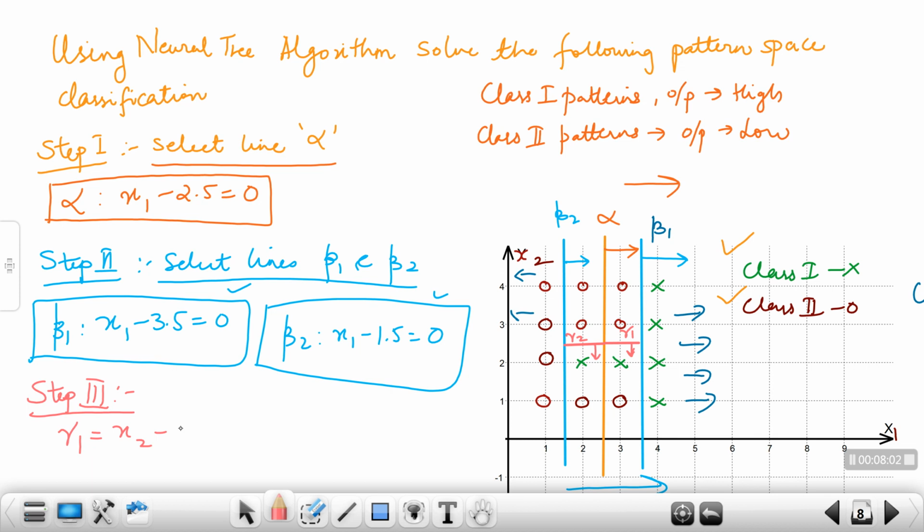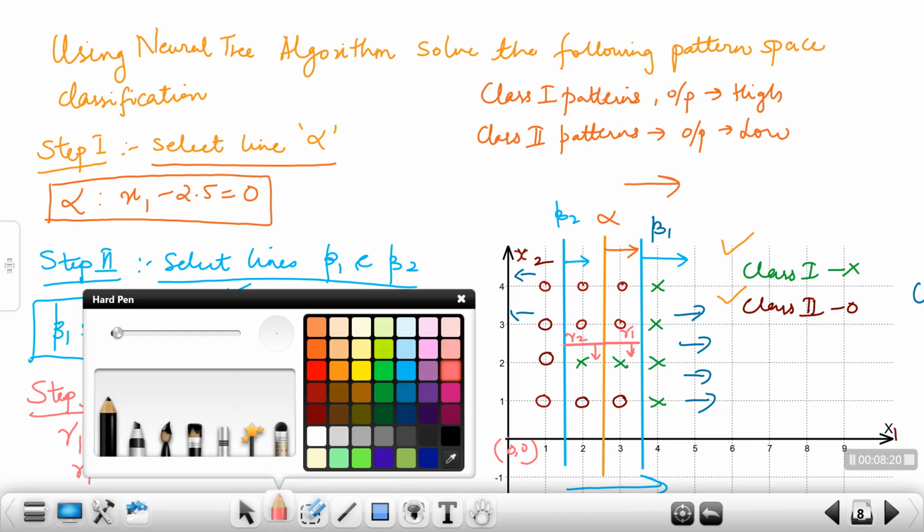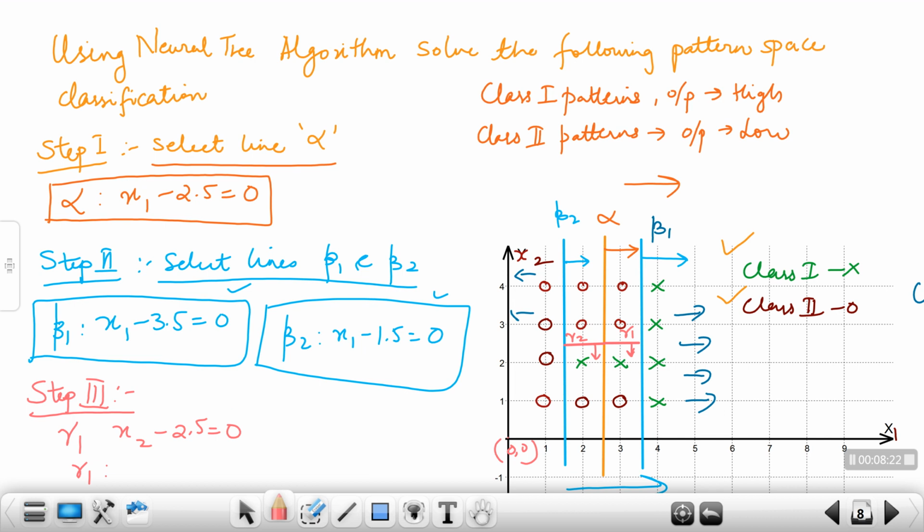So it will be x2 minus 2.5 is equal to 0, and since the 0, 0 point is lying in this region because it is down, we have to change the sign and we get gamma 1. Now I cannot write an equal sign here, I will write a colon. So gamma 1: minus x2 plus 2.5 is equal to 0.